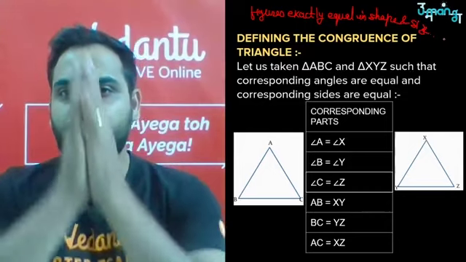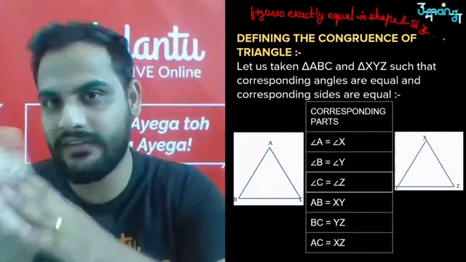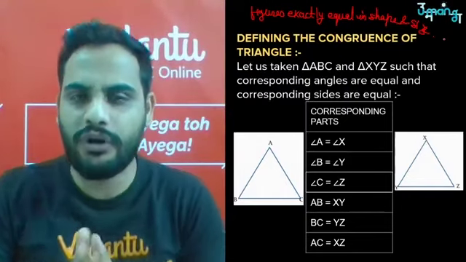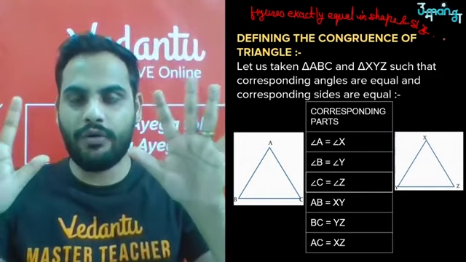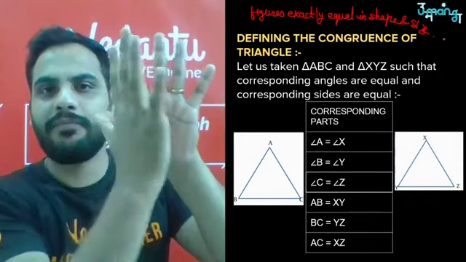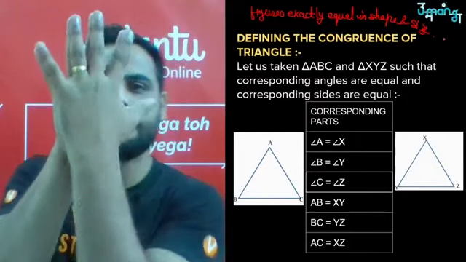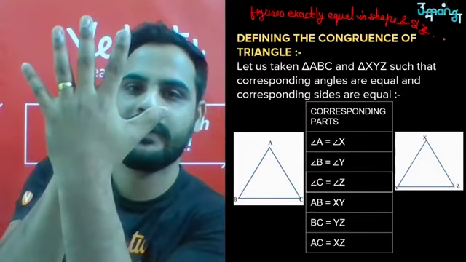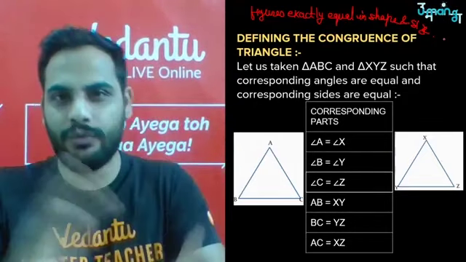That means two triangles are congruent if their shape as well as size are equal. For example, let us take my hands. They are congruent, because if I put them on top of each other, they exactly overlap each other. This is an example of congruency.